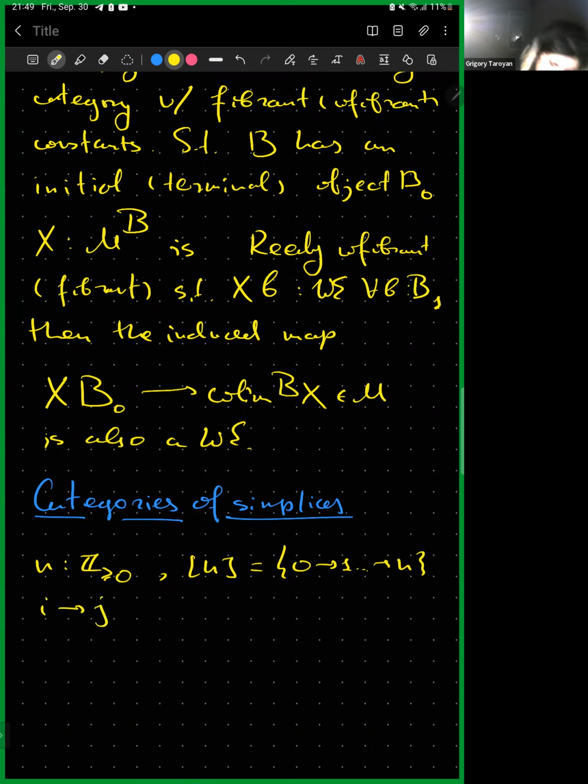We have a unique morphism i to j if and only if i is less than or equal to j. Assume that D is a small category.